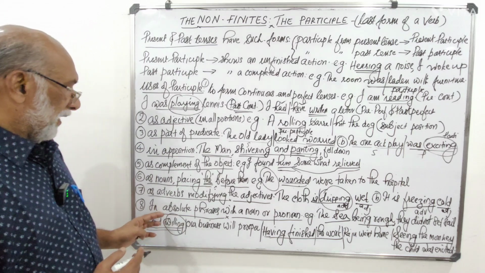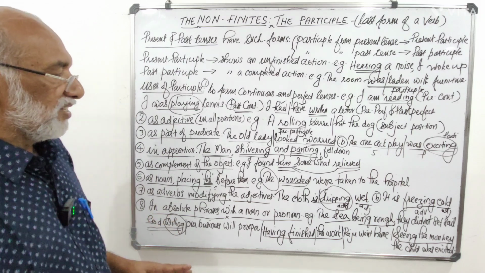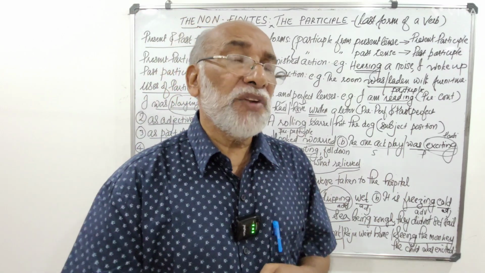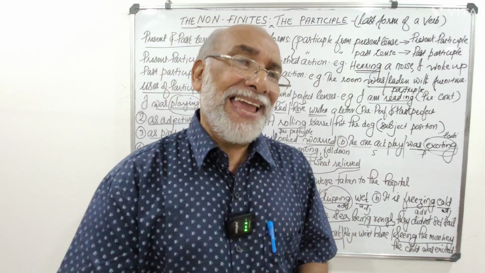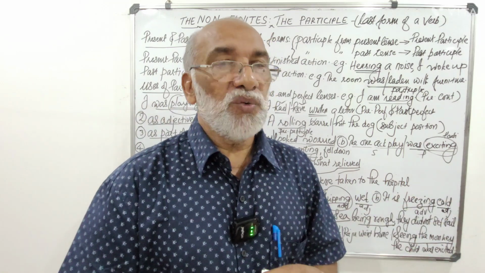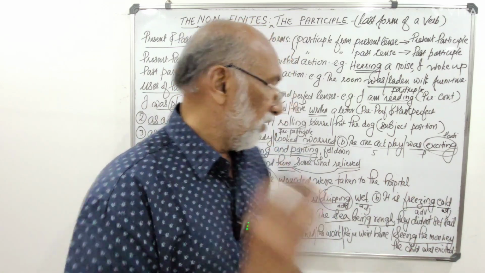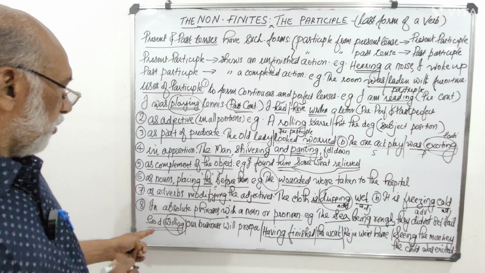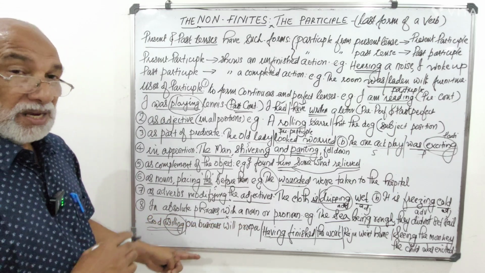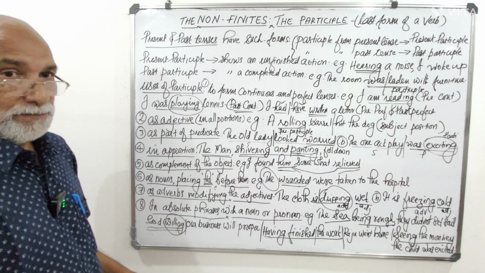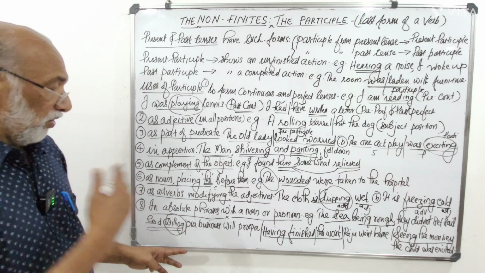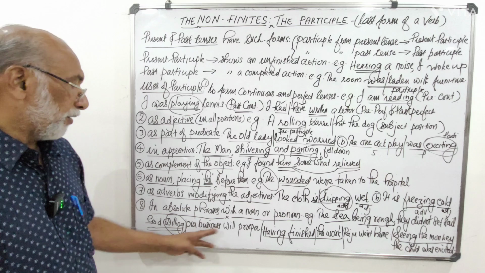Then let's reconsider the sentences. See, these absolute phrases in these sentences can be converted into subordinate clauses if you want. I can show you with an example. God willing, our business will prosper. That means if God is willing, if God permits, our business will prosper.